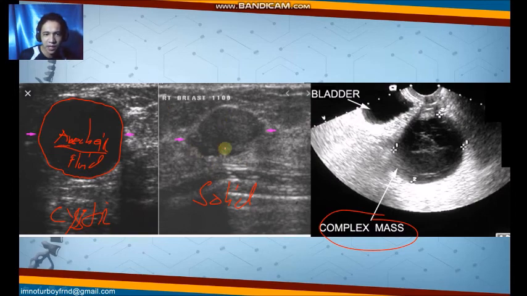And then we have here the solid mass. Its wall is somewhat corrugated. You don't really know which is the border of the wall of the solid mass, if it is not well defined. Maybe this part is still also included in the solid mass.